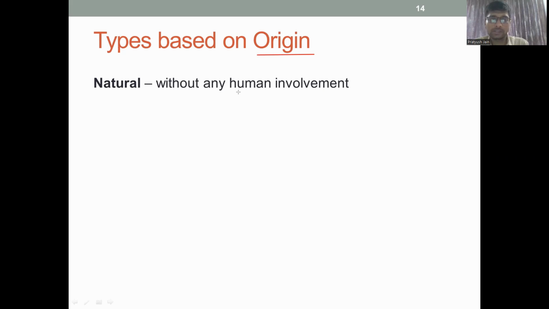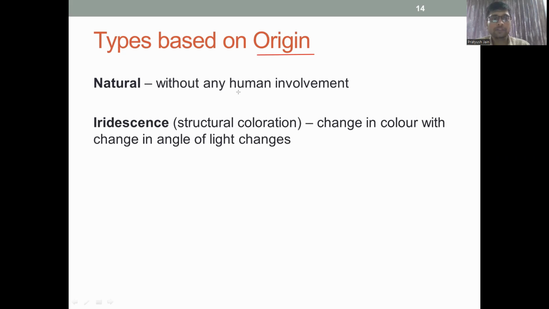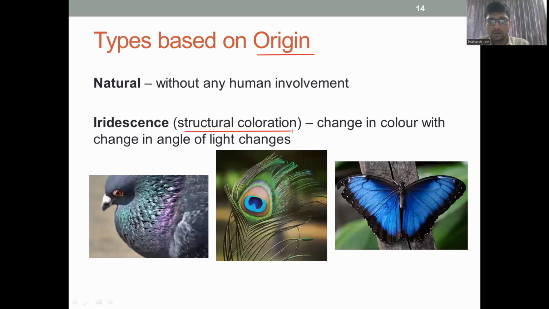To understand natural nanomaterials, we must understand some phenomena that occur in nature. The first such phenomenon is iridescence or structural coloration. Structural coloration is when there is a change in color with the change in angle of light.